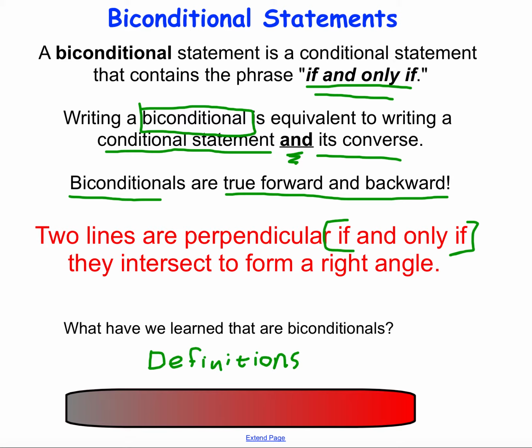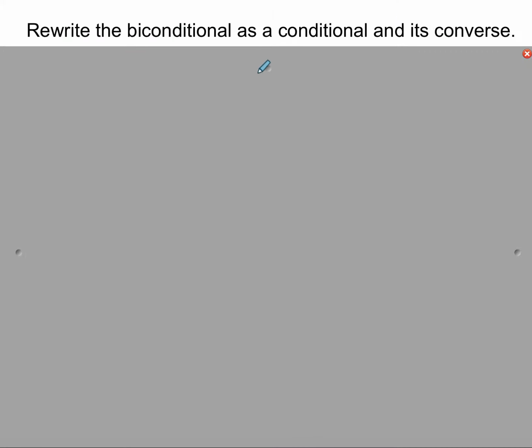Okay? So continuing right along, we're going to practice writing some biconditional statements. I'm going to show you a statement, and I want you to rewrite this biconditional as two separate statements, one being the conditional statement and another being its converse.